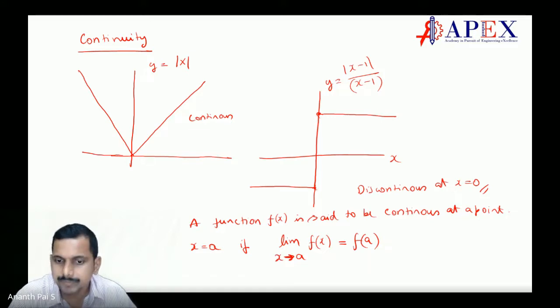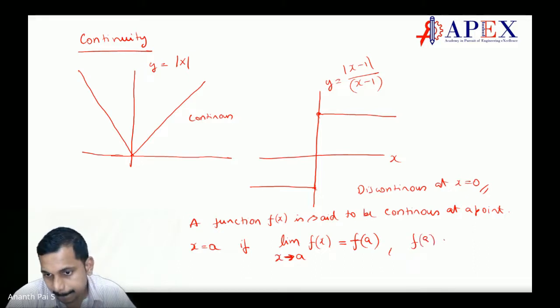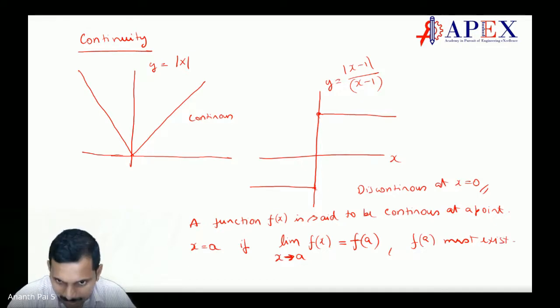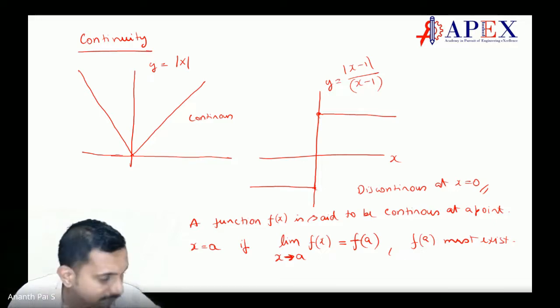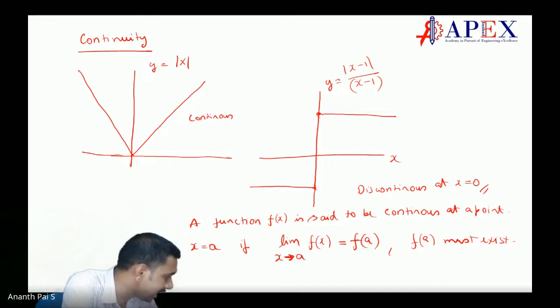Very simple. And also f of a must exist. Very important. You cannot have it undefined or undeterminable. So limit x tending to a f of x is equal to f of a, and f of a must exist. Only then it is continuous.